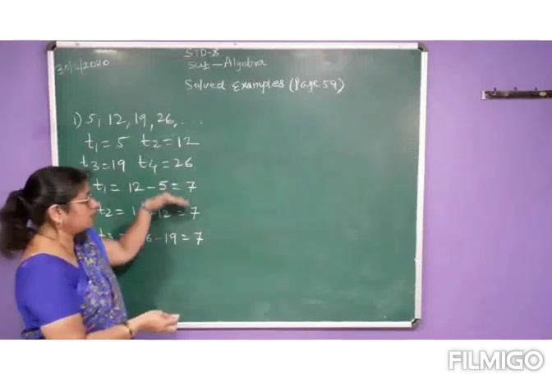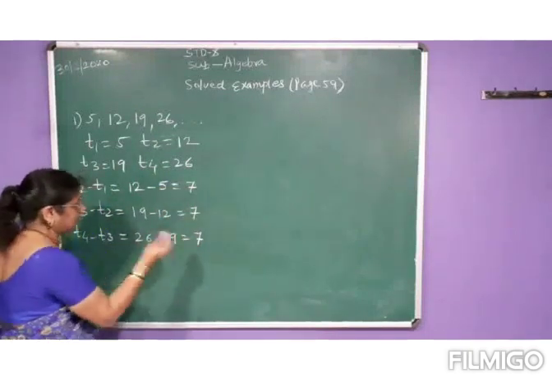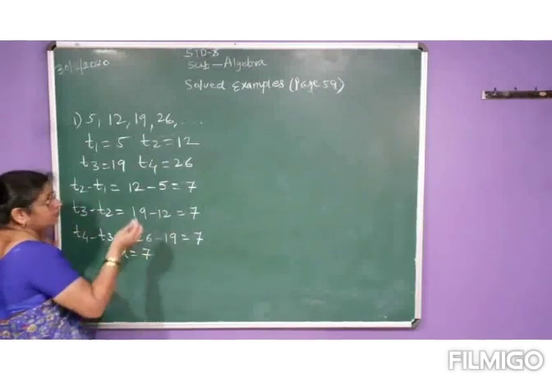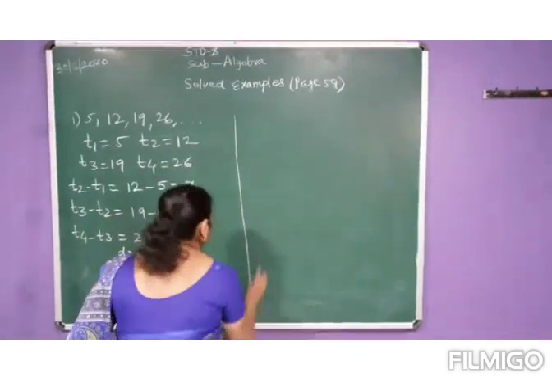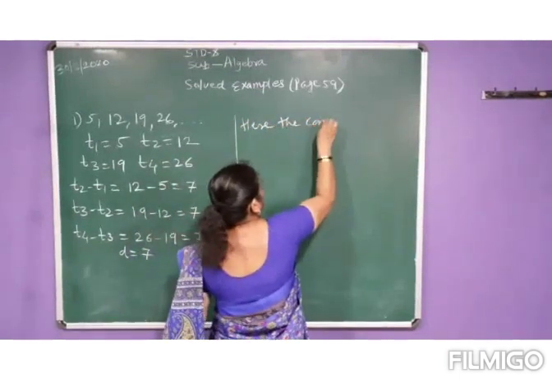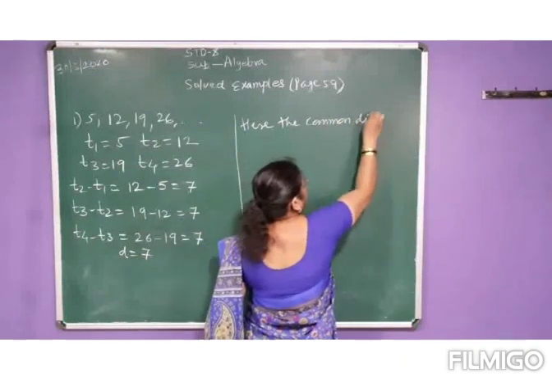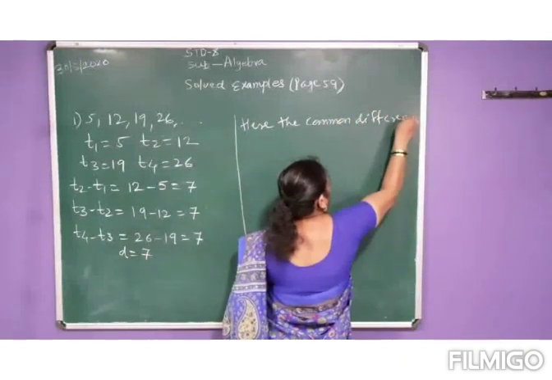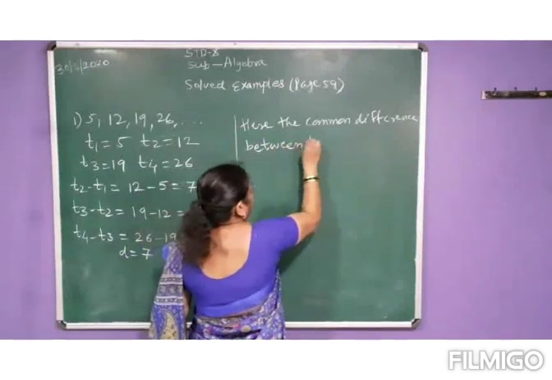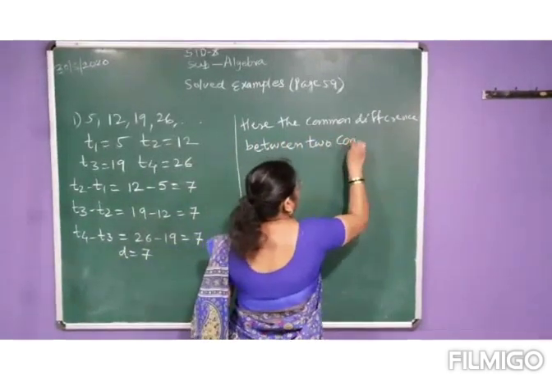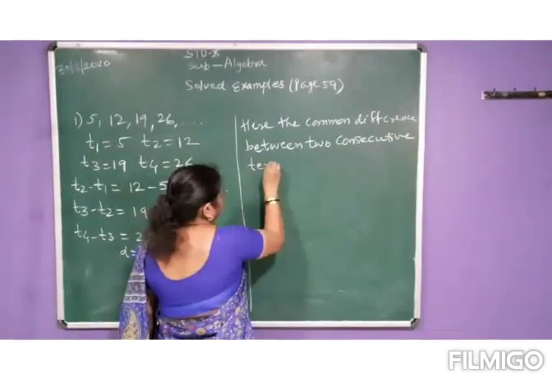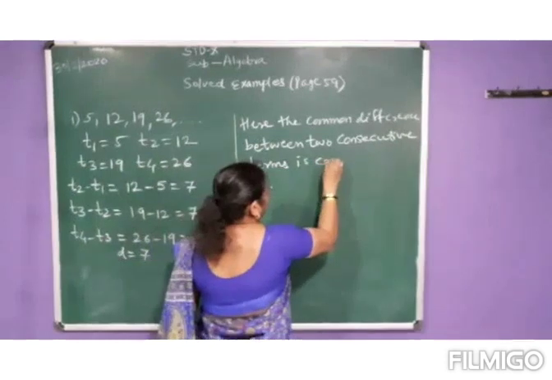So here what we have concluded is that the common difference D between the two consecutive terms is constant. So what we will write over here is the common difference between two consecutive terms is constant.